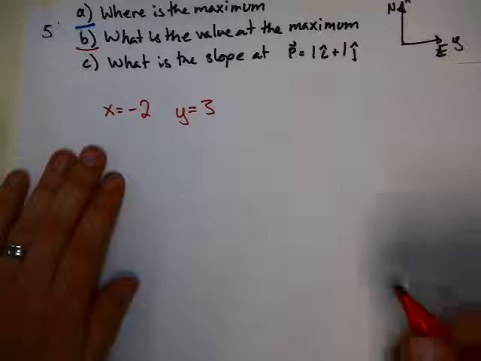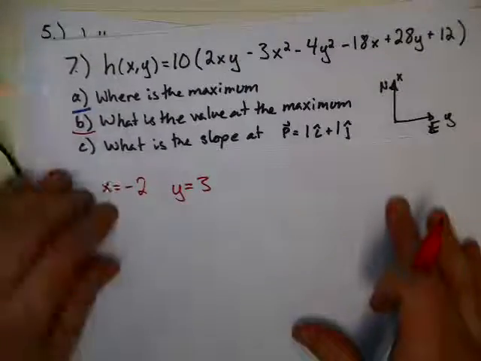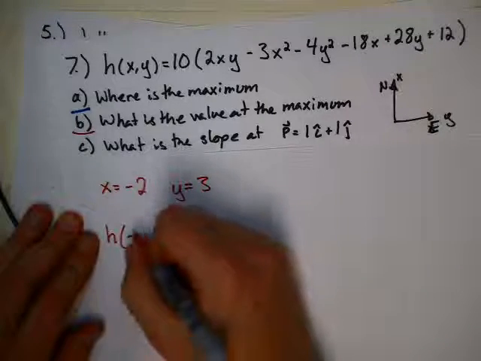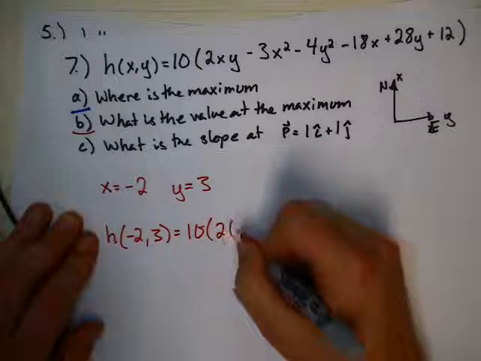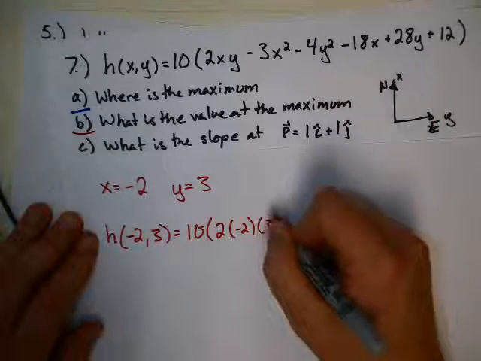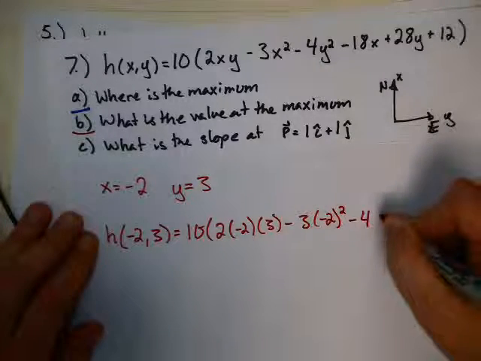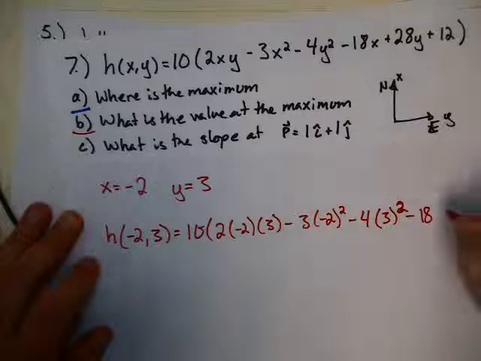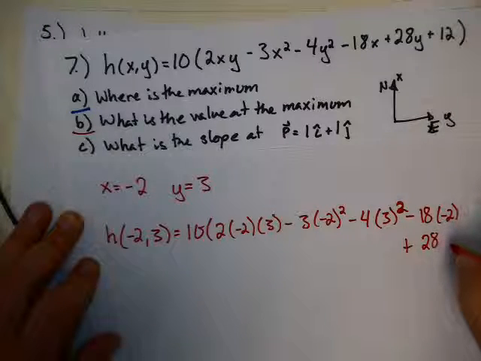And so we just plug this in to h to find the height of the hill. And so h of minus 2, positive 3 is going to be equal to 10 times 2 times negative 2 times 3 minus 3 times negative 2 squared minus 4 times 3 squared minus 18 times negative 2 plus 28 times 3 plus 12.